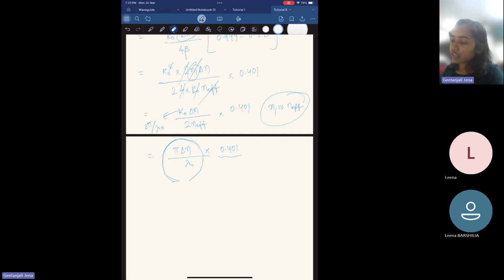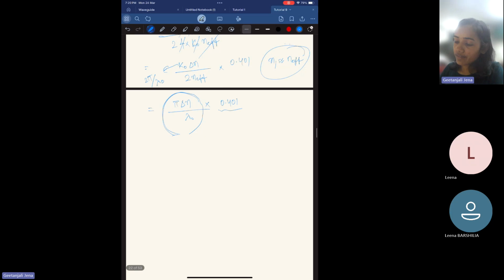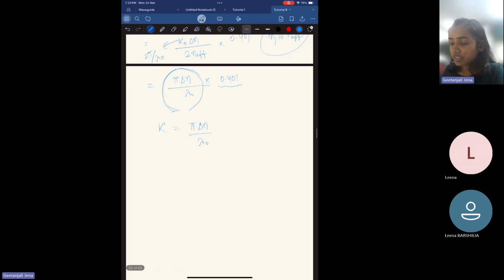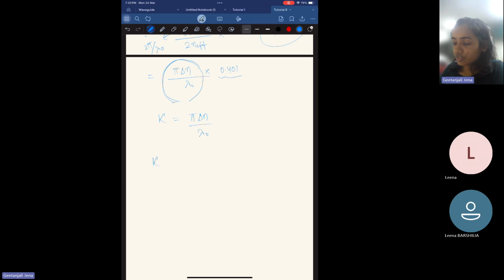So if you recall question number 1, we have taken kappa as only pi delta n over lambda 0. But the actual expression for the coupling coefficient is pi delta n I over lambda 0.